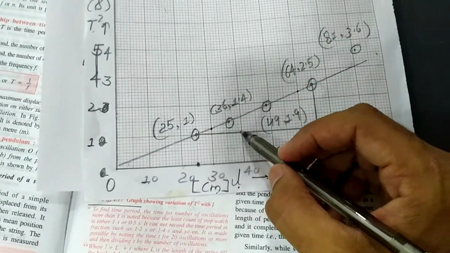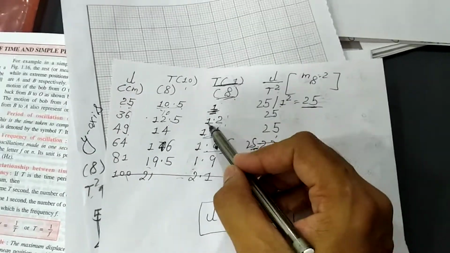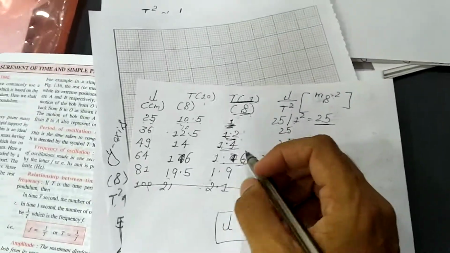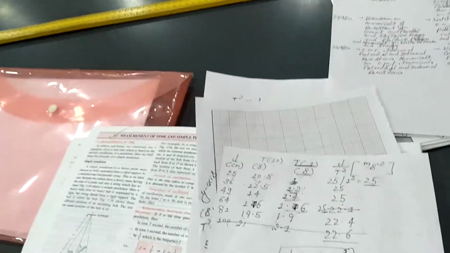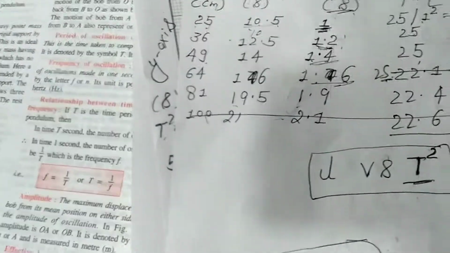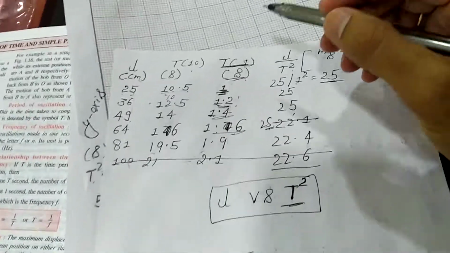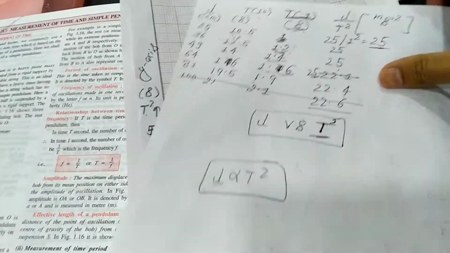For the second point, the second reading is 36, and T square is 1.44. Since we are taking values up to 1 decimal place only, I am taking 1.4 rather than 1.44. So the next reading will be 36, 1.4.